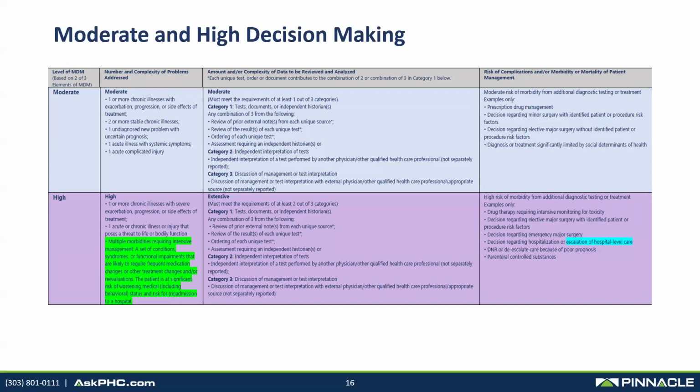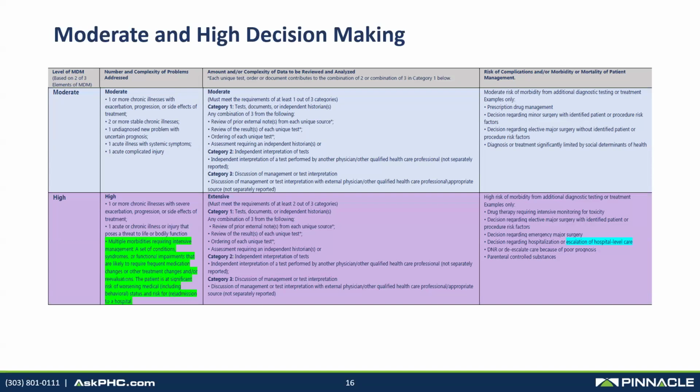So we also have the amount and the complexity of data that has to be reviewed and analyzed to meet a moderate requirement. So at least one of the 3 categories, we have to meet at least one of these. And this is ordering tests, documenting patient conditions, reviewing independent historian information. And so review of prior external notes from each unique source.